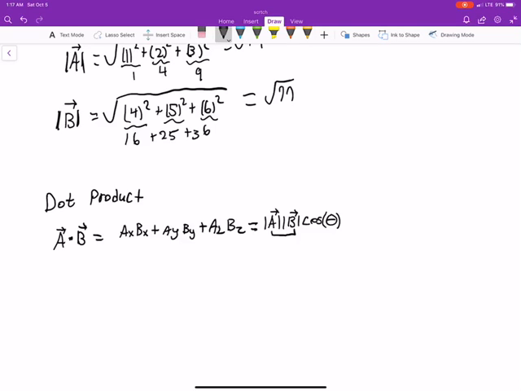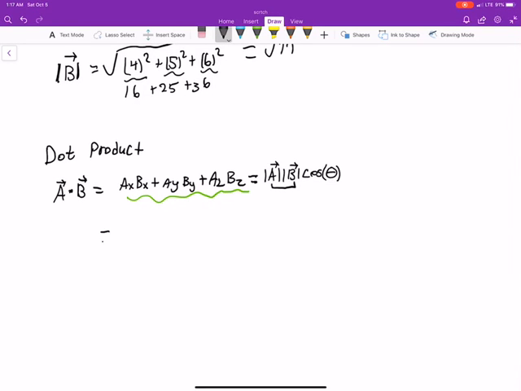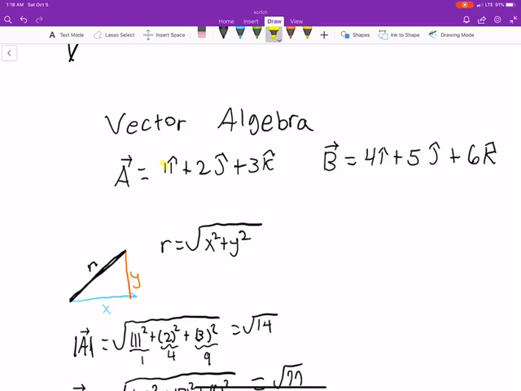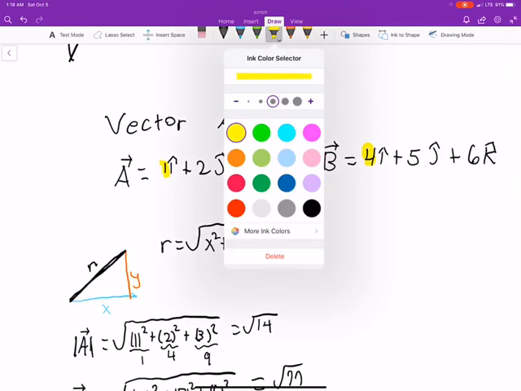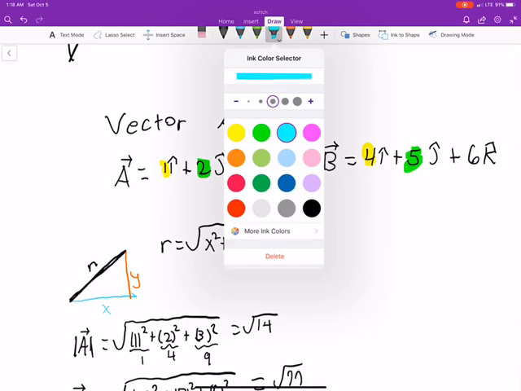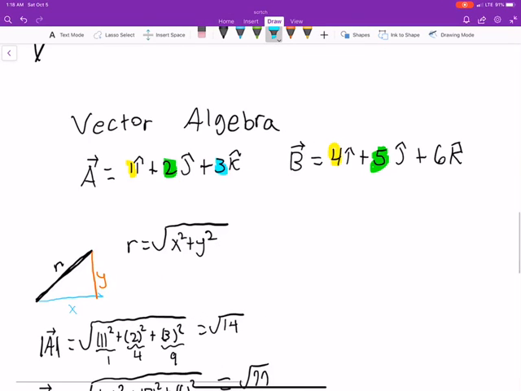So let's go ahead and find the dot product using this way first. We have 1 times 4, plus 2 times 5, and then plus 3 times 6.